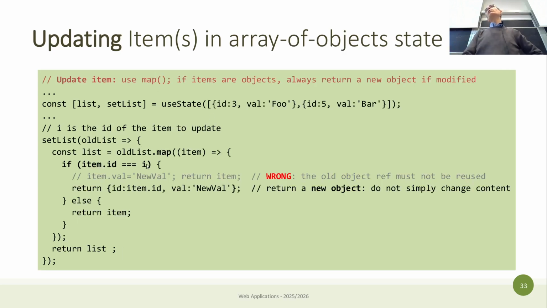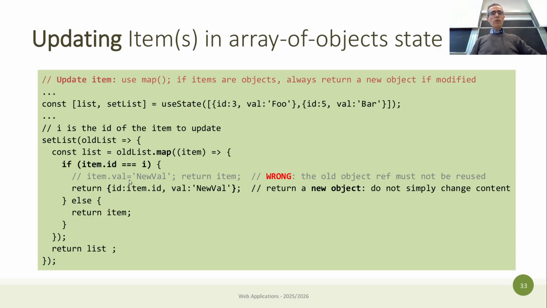A bit more complex example, we have objects, okay? A number plus one is really trivial, but let's say we have a list of objects, the list of fields, the list of answers that we have in our example during the lectures. So an array of objects: all list map item, if the item is what we want, and you can check the ID, you can check the value, whatever gives you the possibility to identify the object that you want to update, return a new object.